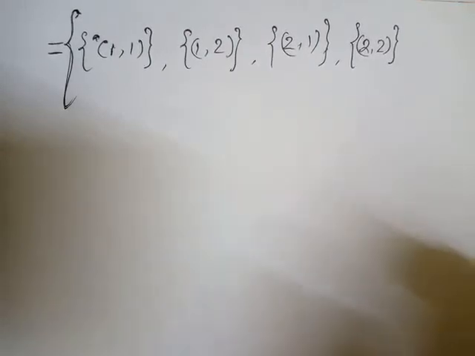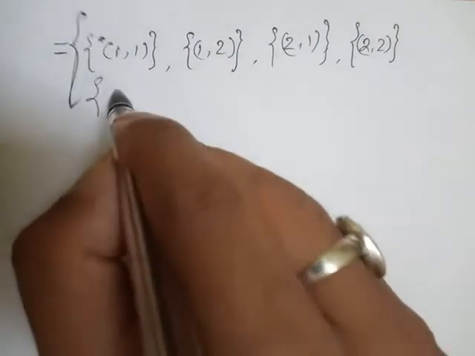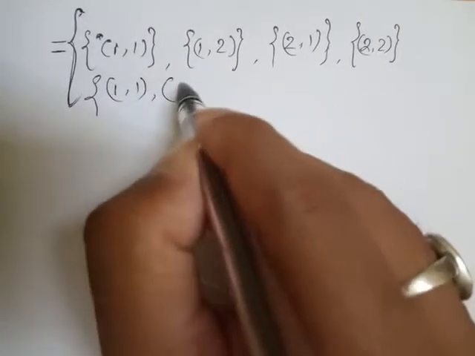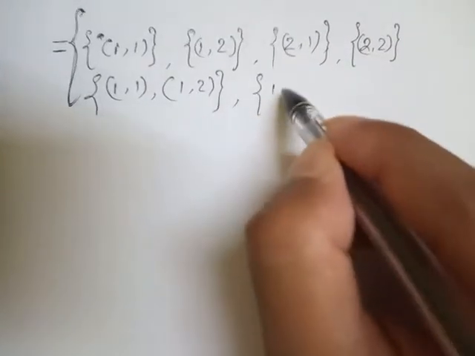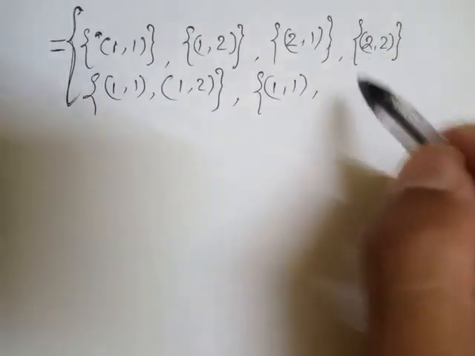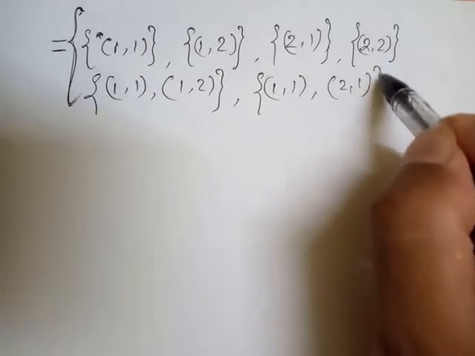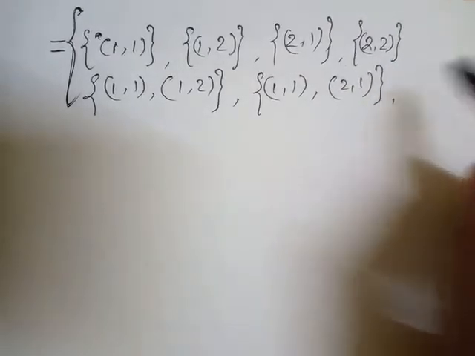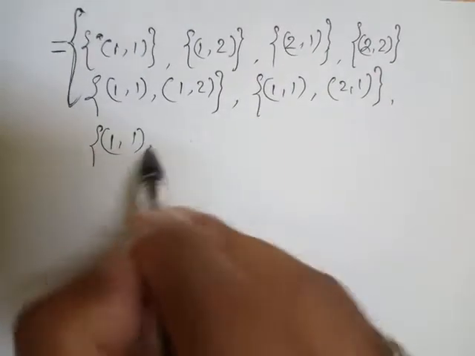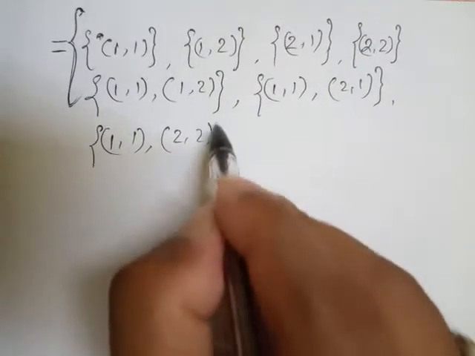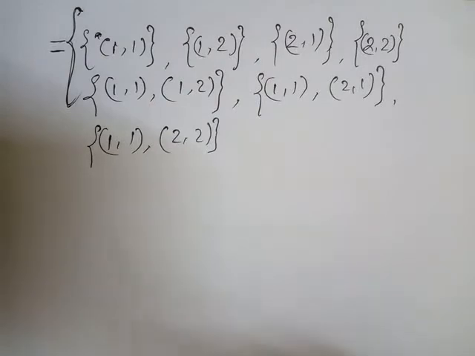So in the second bracket now (1, 1) and (1, 2). Next one (1, 1), then (2, 1). Now next one (1, 1), then (2, 2). Up to this much.